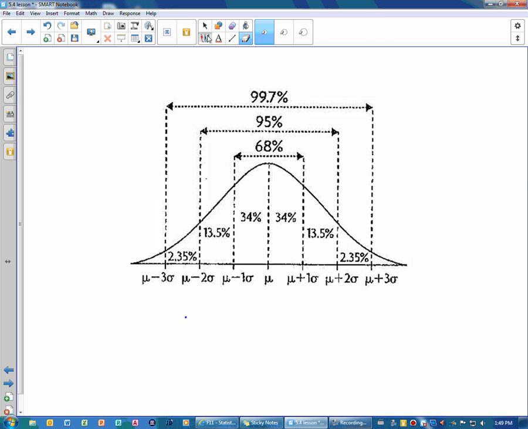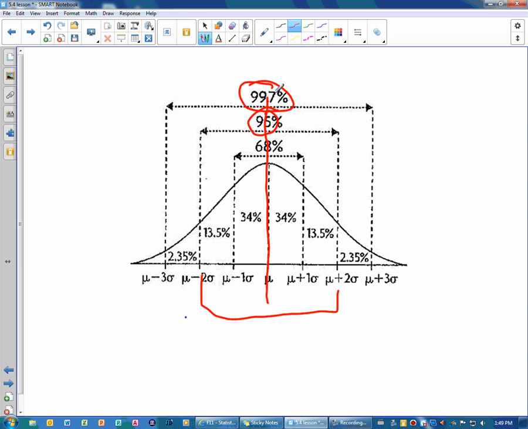So right down the center is your mean, 50% above, 50% below. 68% of the data fall within 1 standard deviation above or below. 95% of the data will fall within 2 standard deviations above or below the mean, and practically all of it, 99.7%, almost everything, will fall between 3 standard deviations above and below, as long as they tell you that the data is normally distributed.